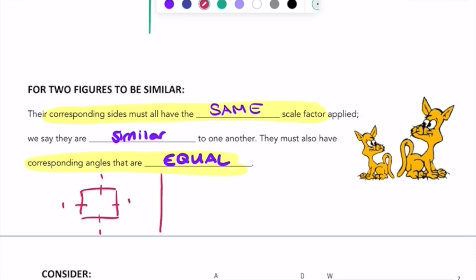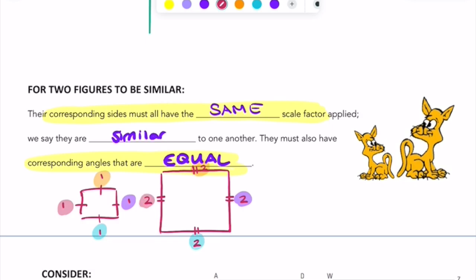So if this was 1 by 1 for a square, the new square I'm going to draw is going to be 2 by 2. And now I know this shape is going to have the same scale factor applied to each side, because to get from 1 to 2, I have a scale factor of 2. From 1 to 2, scale factor of 2. 1 to 2, scale factor of 2. 1 to 2, scale factor of 2. So condition 1 is met.